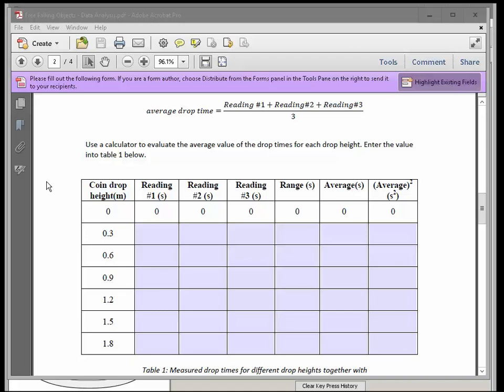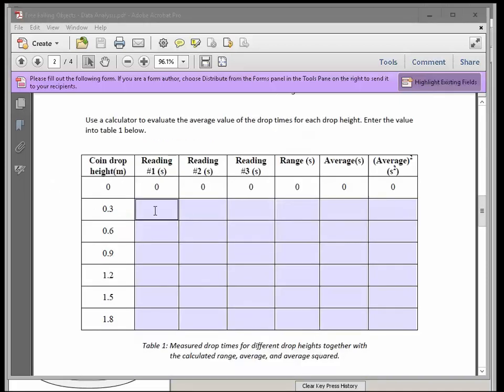This is a video to help you with the data analysis for the free-falling objects experiment. In Table 1, we're going to enter the time values that we got from the data collection experiment. I'm going to enter in the values that I got from my experiments.